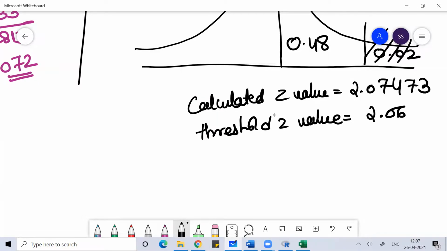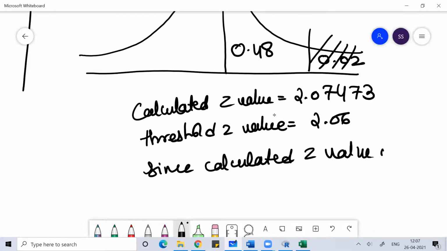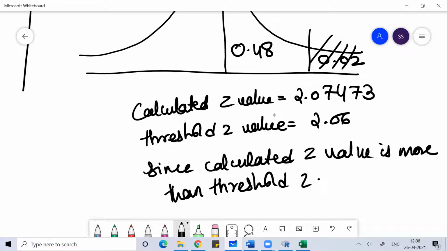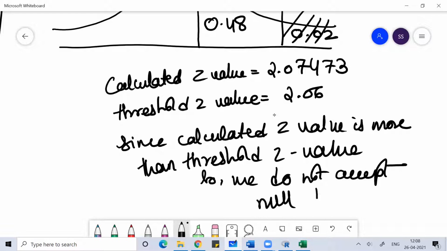So since your calculated Z value is more than the threshold Z value, we do not accept the null hypothesis.